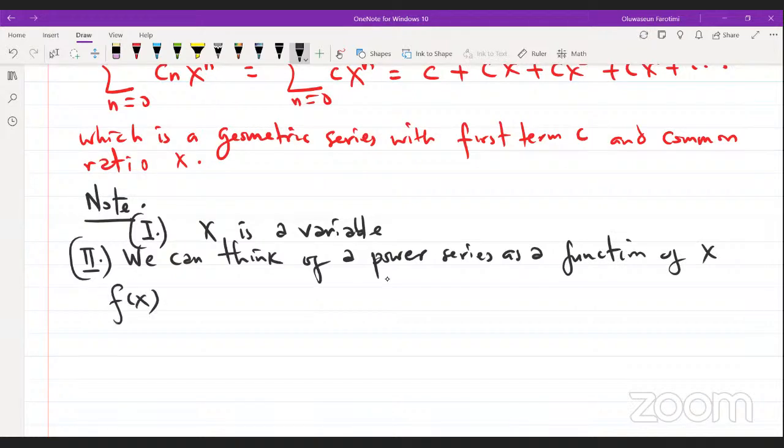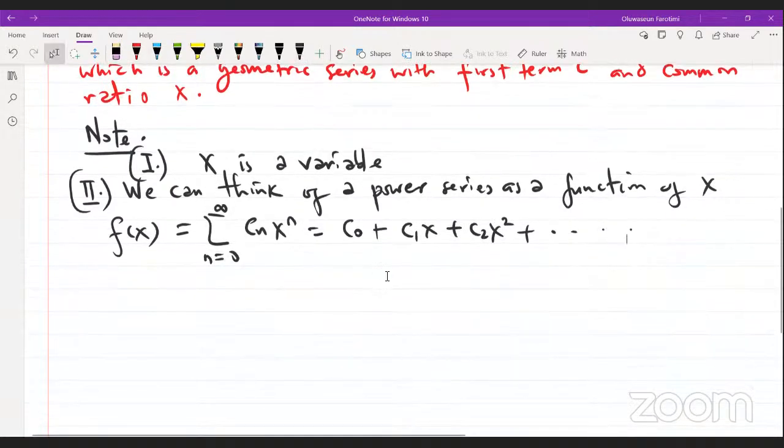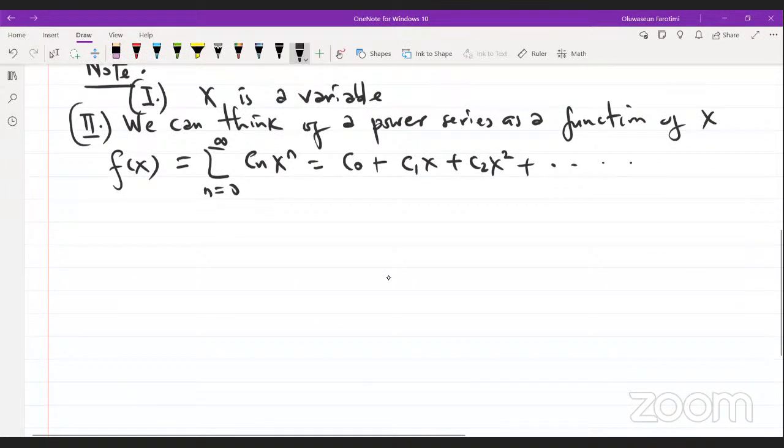What does that mean? It means I can write my f of x, so I can define my power series in this manner: C0, and then as you move from 0 to infinity, you have C1x, then x squared, of course, on and on. Now, take note, guys, warning: this f of x here is not a polynomial.